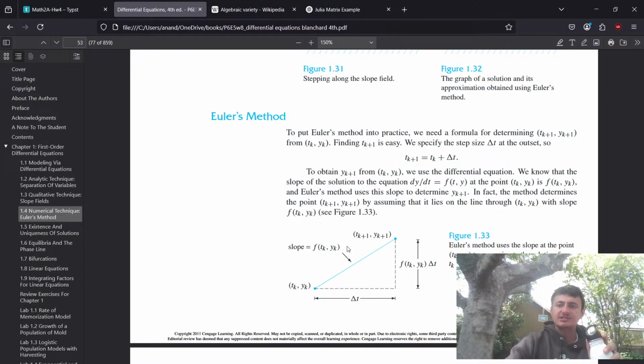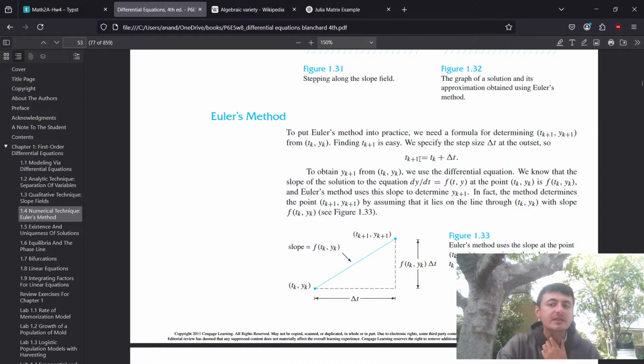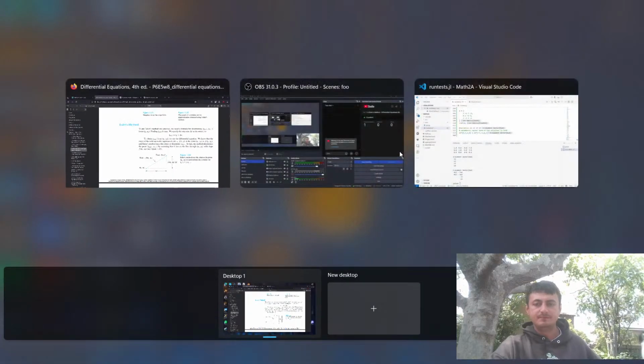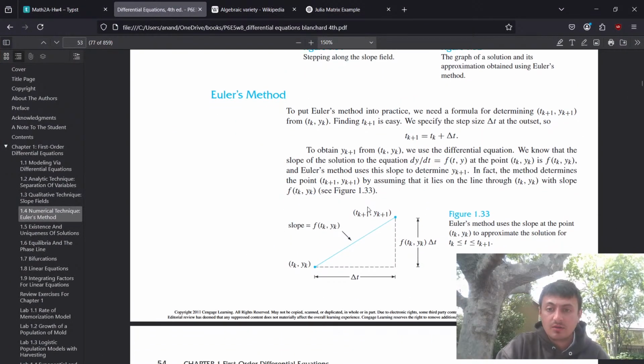Okay, so we already described how to find the next time point by simply adding some predetermined delta t. But to obtain y, we know the slope of the solution to the equation, dy/dt, at the point tk, yk.